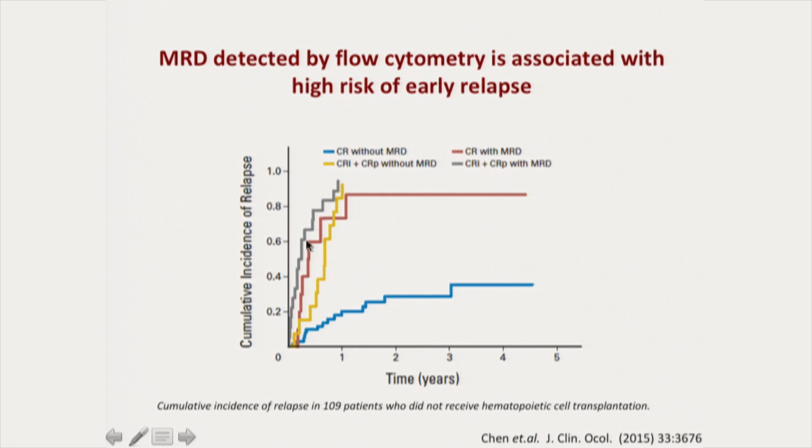So this captured all the relapses that happened within the first year and perhaps even within the first 6 months, compared to the population shown by the blue line, those who relapse at a later time. This data convincingly demonstrates MRD is associated with early relapse.